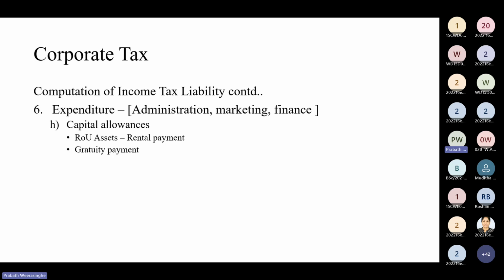Remember that assets should be used in the business, for the production of income. So gratuity payment, we can deduct these things. Why I have highlighted it is that it is not there in the comprehensive income statement or under any category of expenditure, administration, marketing, or finance expenditure, but separately we have to figure that out and deduct.